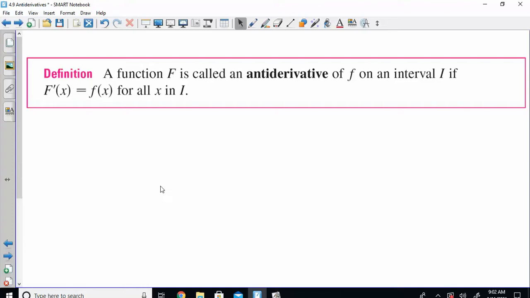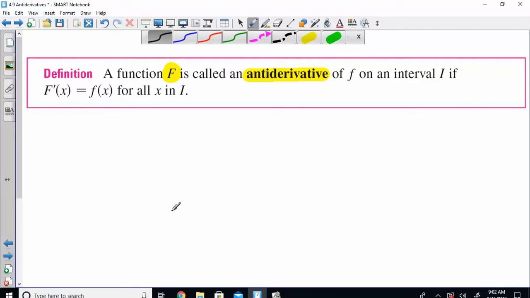In general, we use f prime for a derivative. A lot of times for the antiderivative, we just use a capital F. So capital F means antiderivative, and it's essentially the reverse. If you take the derivative of that, you get your original function.